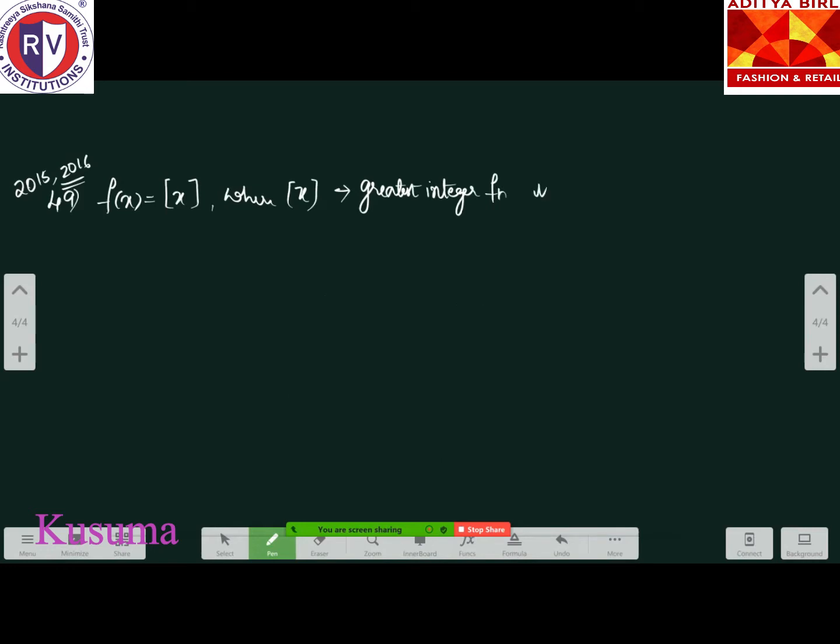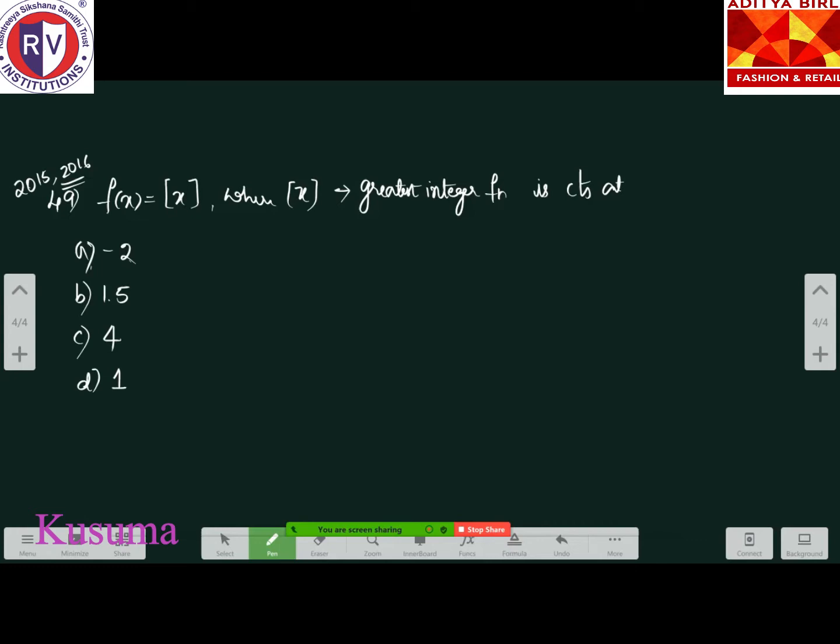We have to find out where this function is continuous. The function is continuous at the values given. Option A is -2, option B is 1.5, option C is 4, and option D is 1.